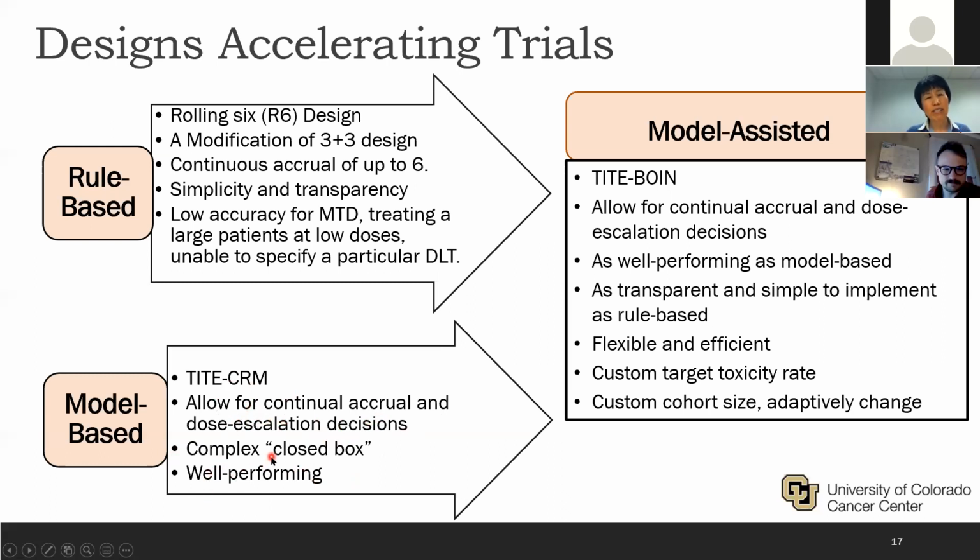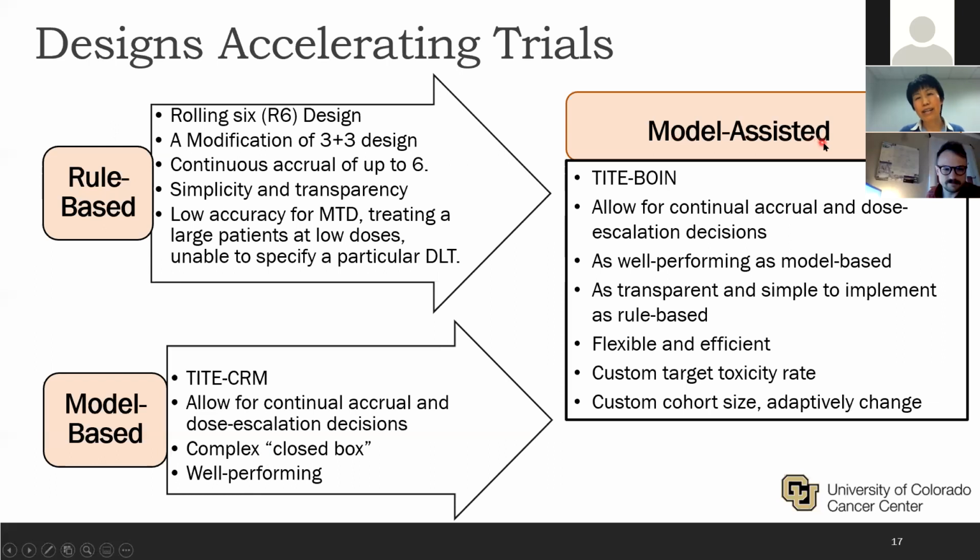The difficulty with the time-to-event CRM design for clinicians is that it's model-based, so the trial statistician needs to repeatedly run the model to update the model parameters. So it's considered a complex or black box design by clinicians.